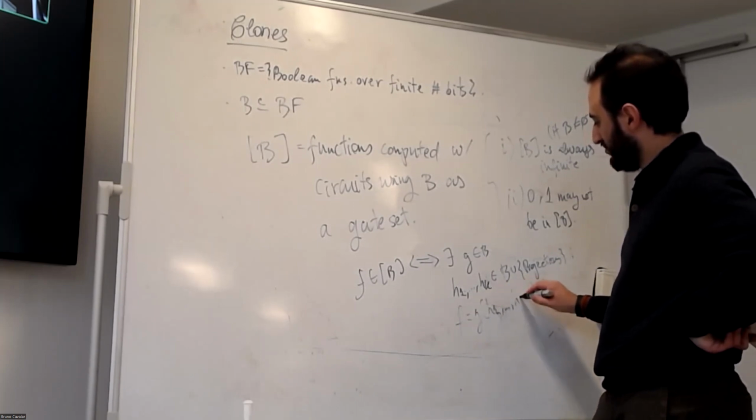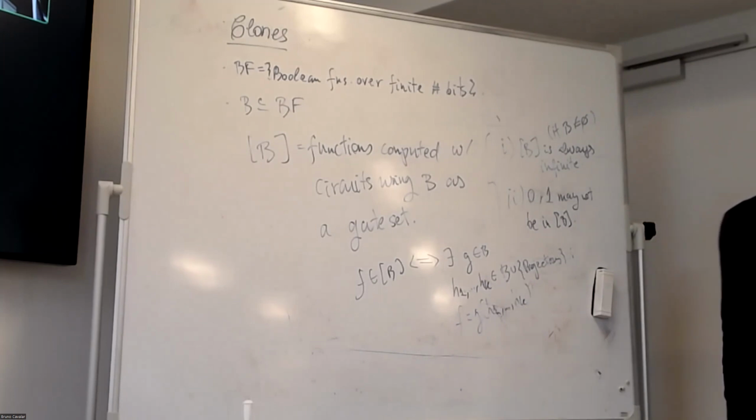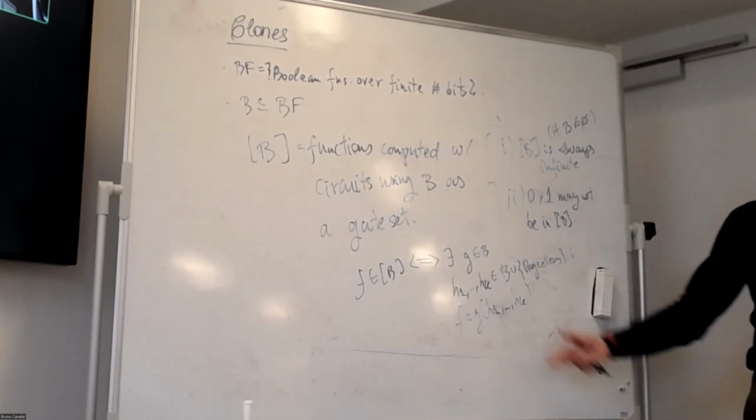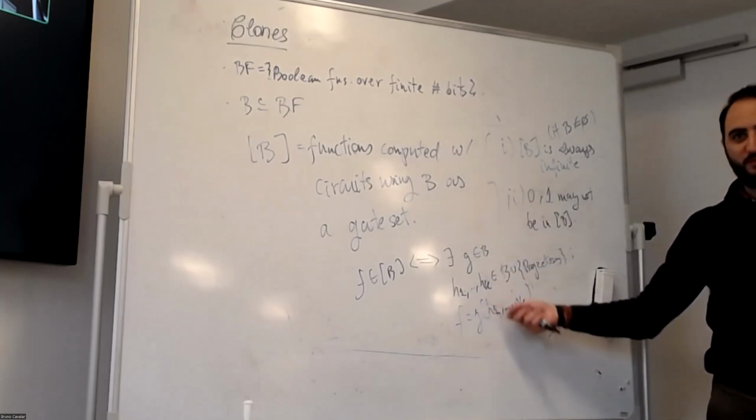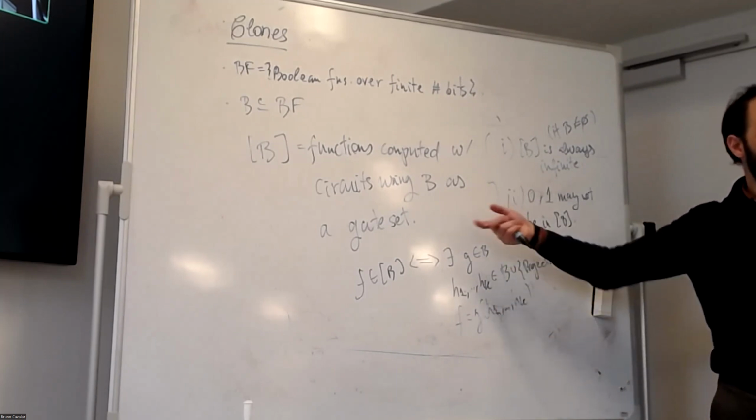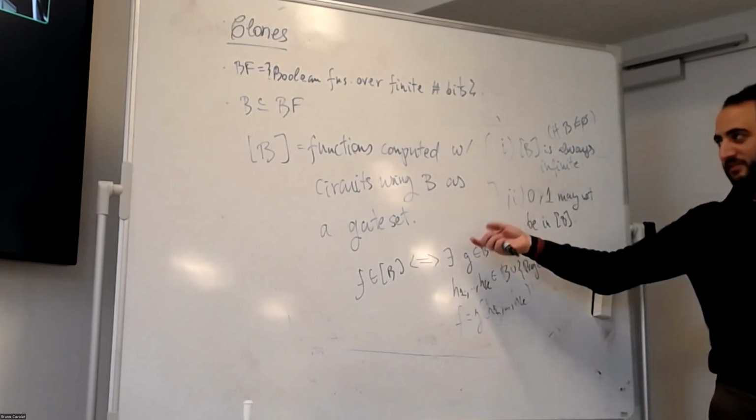I just thought this would be more intuitive. So this is what you mean by you can compose the functions arbitrarily, and then you get a function in the closure.